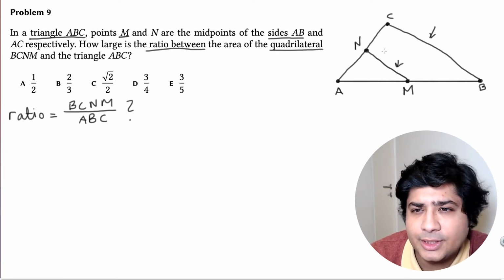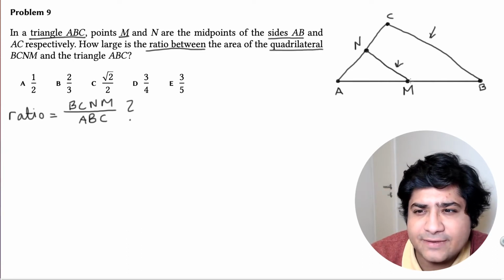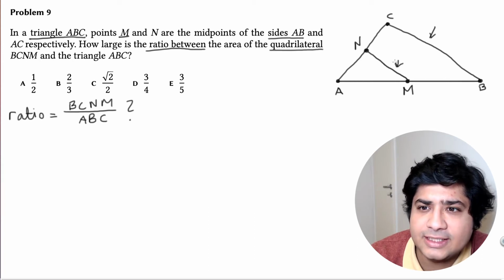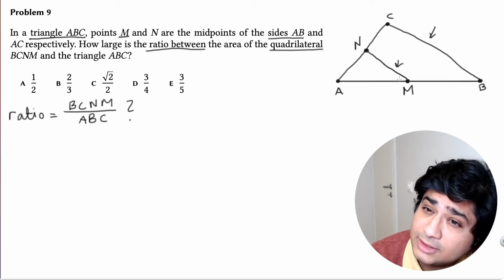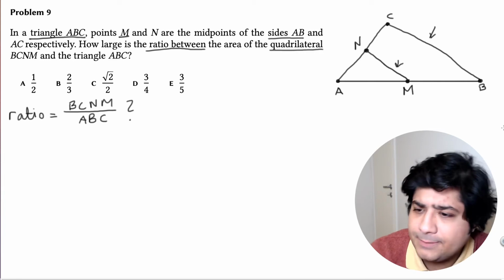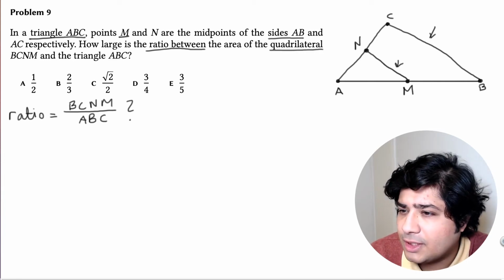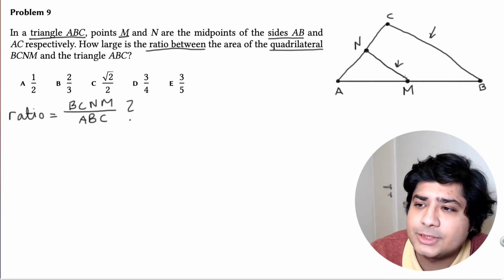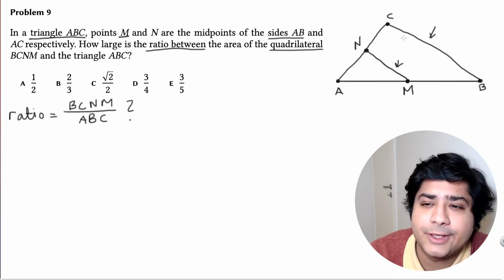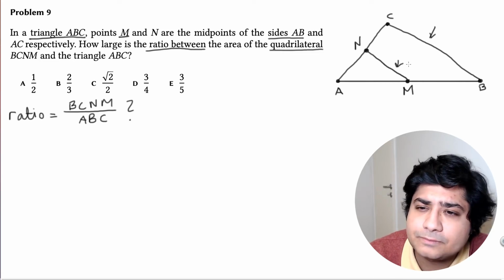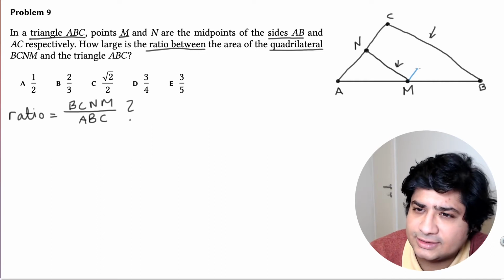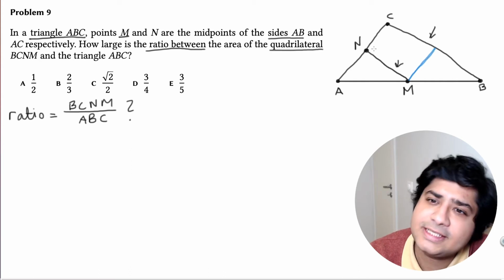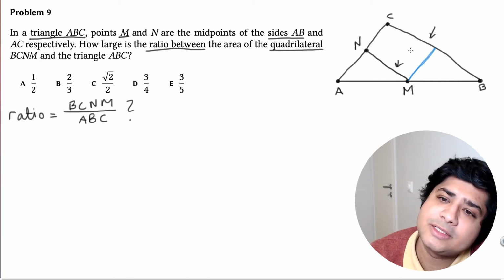What else can we think of? So we want to find out the area of this thing, B, C, N, and M. Okay, so let me try to use a different color here so we can do some things without messing up the original figure. If I were to draw a line like this, I can see that this can be made into a rectangle.